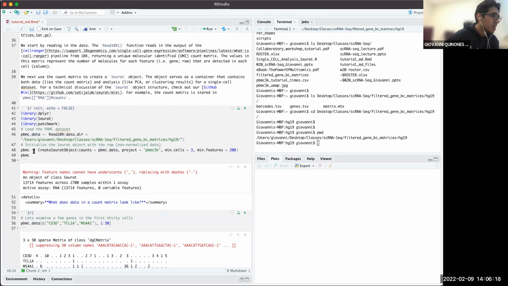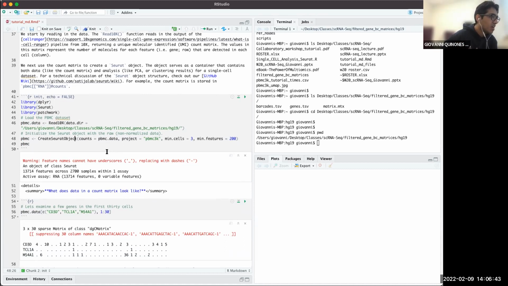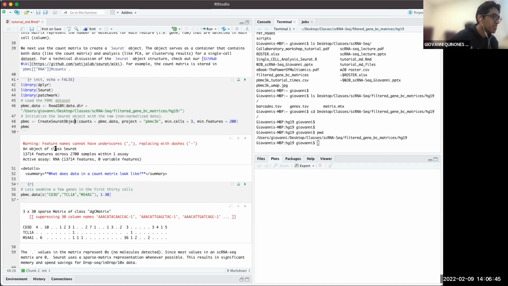So here we're actually explicitly creating this object, which is called a Seurat object. And this is the function. It's just reading the pbmc data, which contains our 3 files. We're giving it a name and a minimum number of cells and features or genes that we're expecting. And here we're printing just to have a little report on what this pbmc object is.